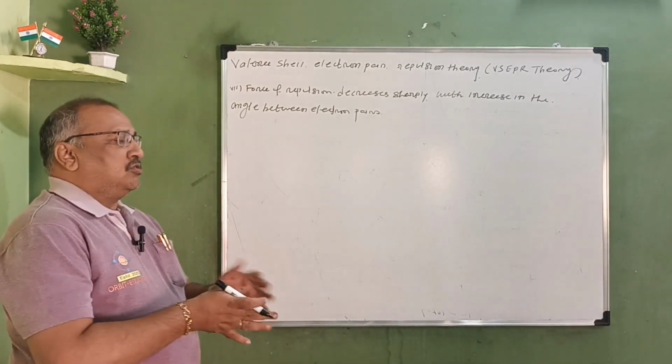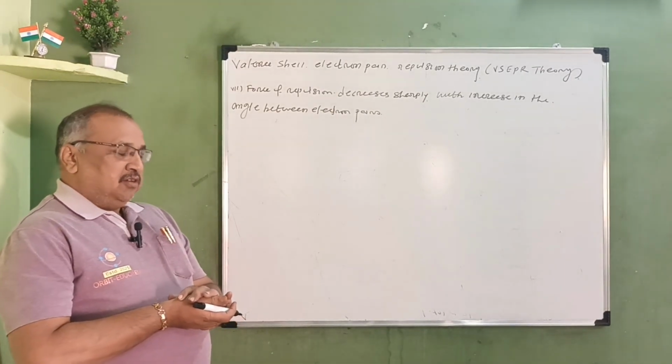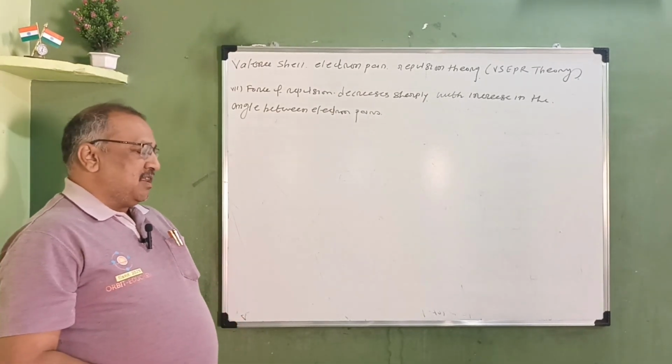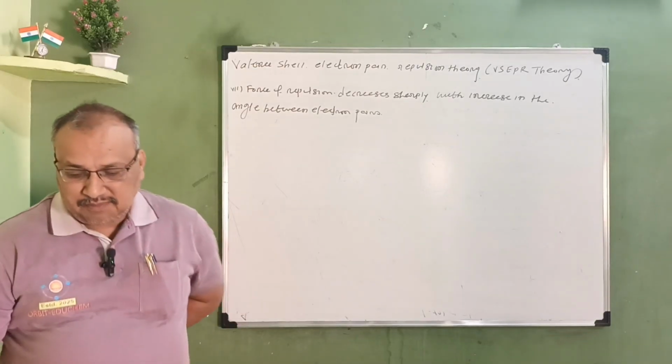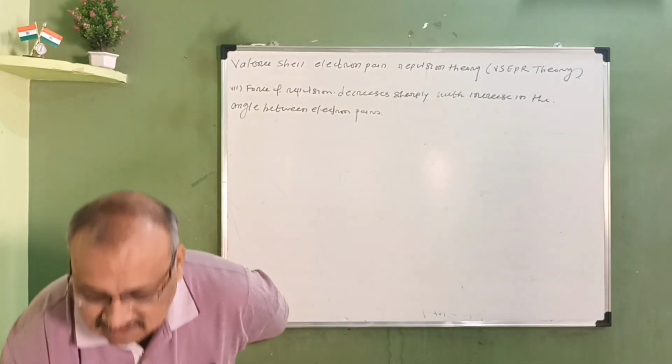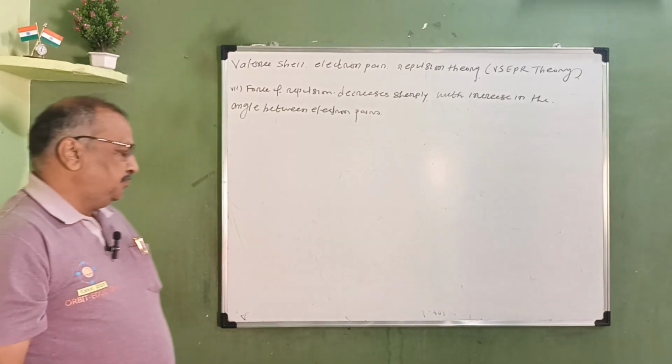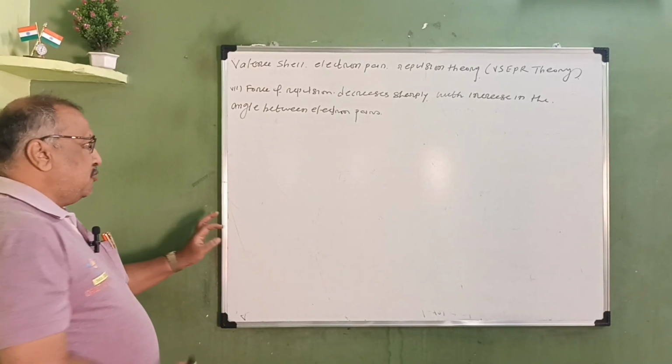Now, force of repulsion between lone pair is greater than lone pair–bond pair, which is greater than bond pair–bond pair.